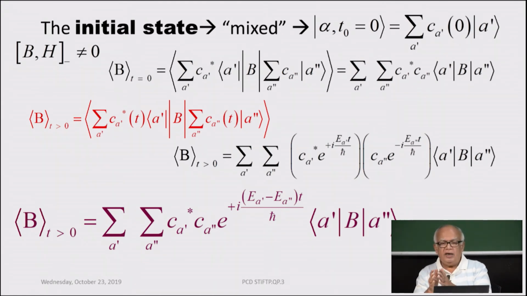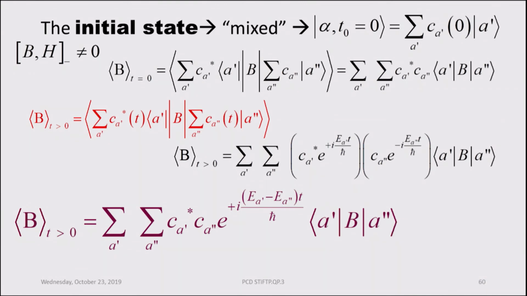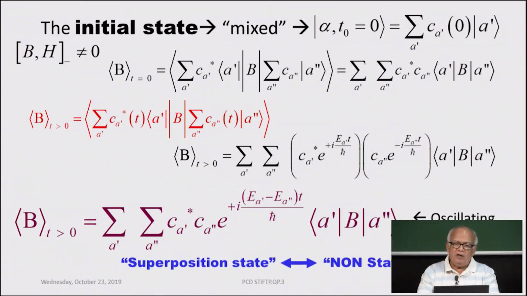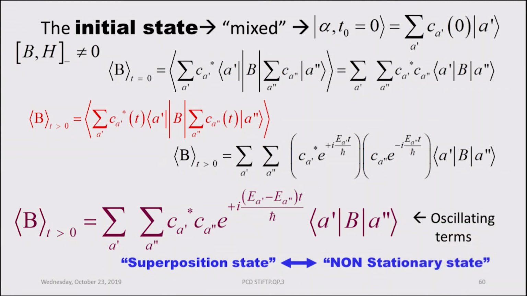So e to the i, you have got this difference Ea prime minus Ea double prime, and because of this you will have these cosine and sine terms, these oscillatory terms, as a result of which this is no longer going to be the same as it was to begin with, which is why you call it a non-stationary state, because of these oscillatory terms. So now you understand the difference between a stationary state and a non-stationary state. Now we are coming to some interesting questions.